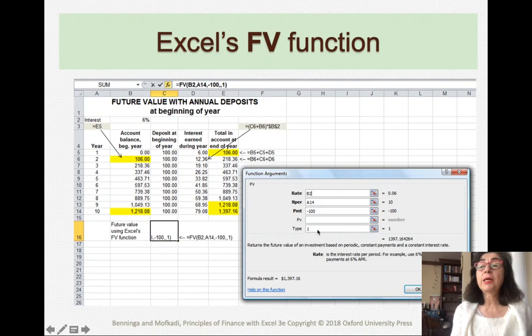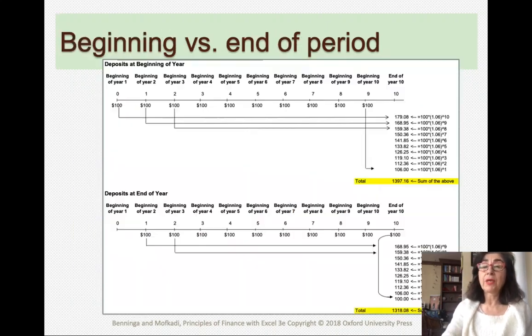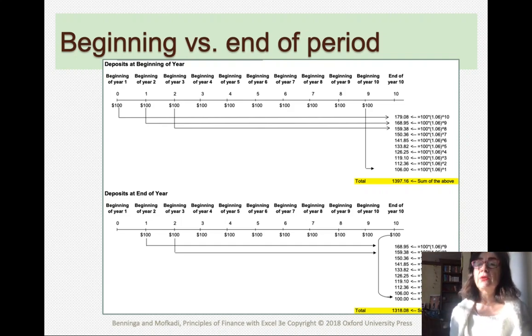As you can see, type is entered as 1 in this future value function argument. If you leave it blank or if you enter 0, then it's going to assume that the payments were deposited at the end of the year rather than the beginning of the year. So you can see in here that beginning of year versus end of year calculations, and there is a difference with how much one can accumulate, whether they deposit at the beginning of the year or at the end of the year.